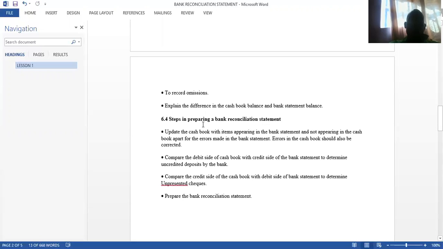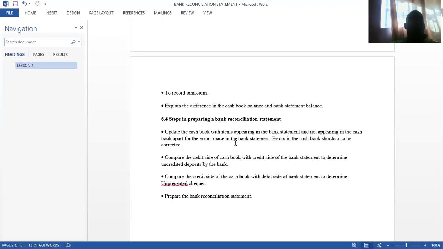Number one is to update the cash book. Once you have got the bank statement and you have your cash book, the first step is to update the cash book. And how are you going to update the cash book? By including those items that are in the bank statement but missing in the cash book. Remember, from the onset I've said the cash book and the bank statement are supposed to have similar transactions, similar records.